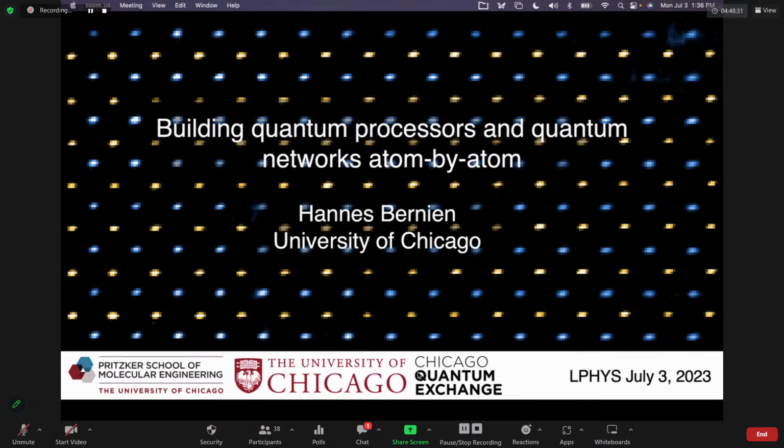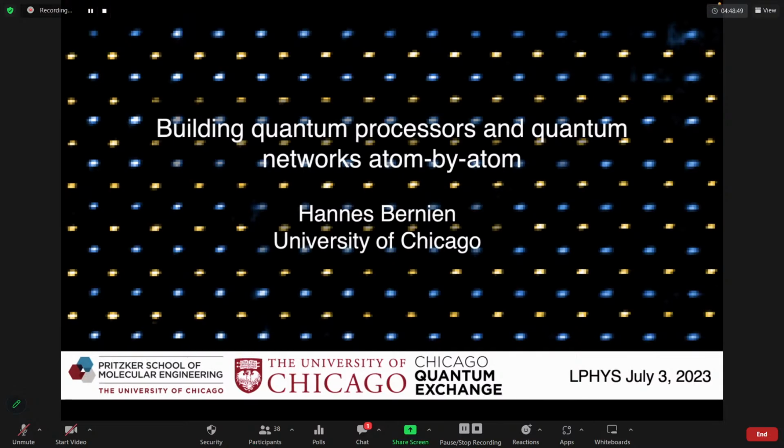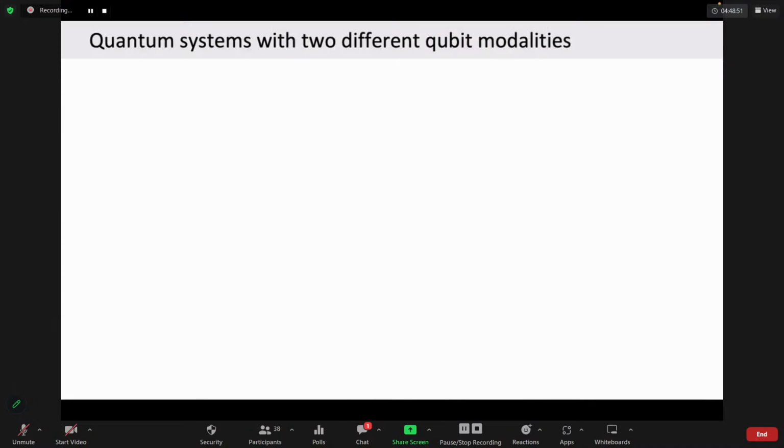What we do a little differently is that we don't only trap a single species of atoms, for instance rubidium. Here the blue dots in the background are single rubidium atoms, but we also trap single cesium atoms, in yellow. So why would it make sense to have two different species?